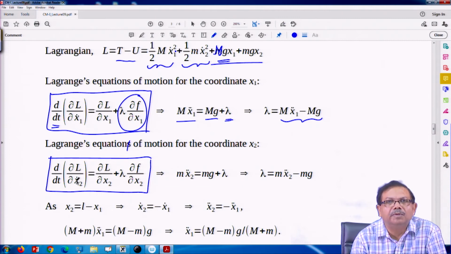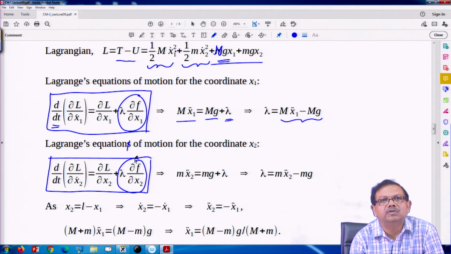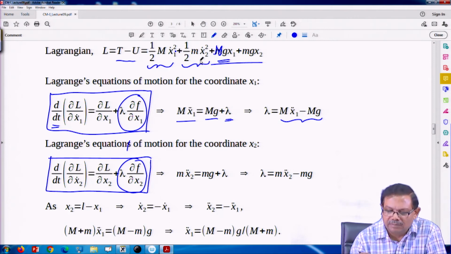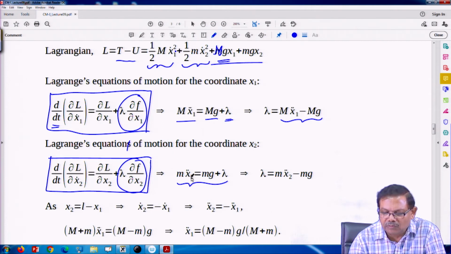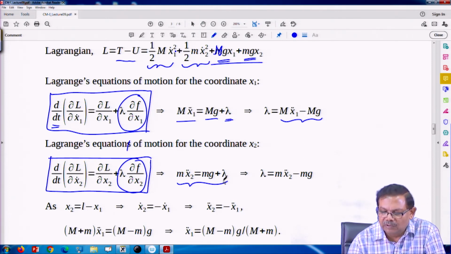So, the rate of change of momentum along the second axis is the force which is derivable from the Lagrangian, plus a force which is the constraint force due to the constraint. The Lagrangian is given here, so the equation of motion turns out to be m x 2 double dot equal to m g from here plus lambda. So, from here also we can find out lambda.